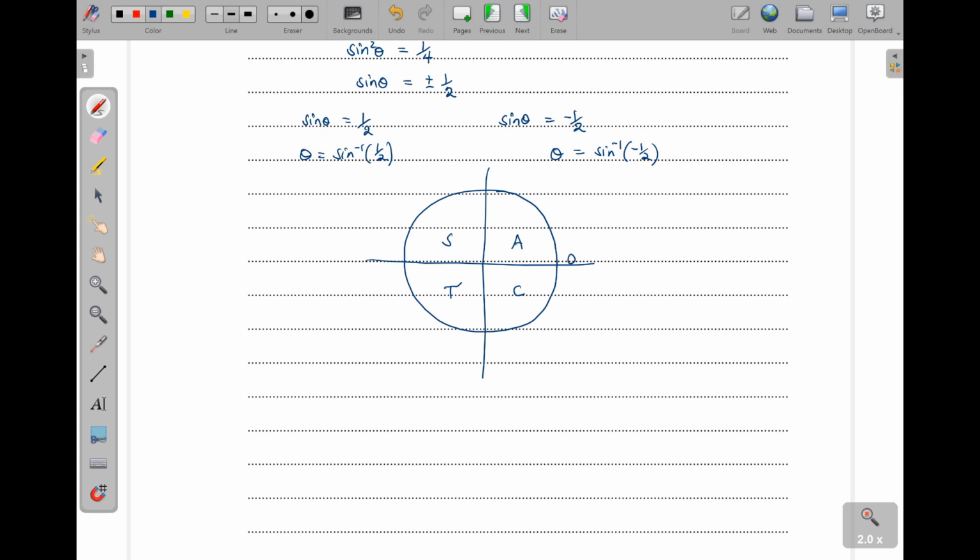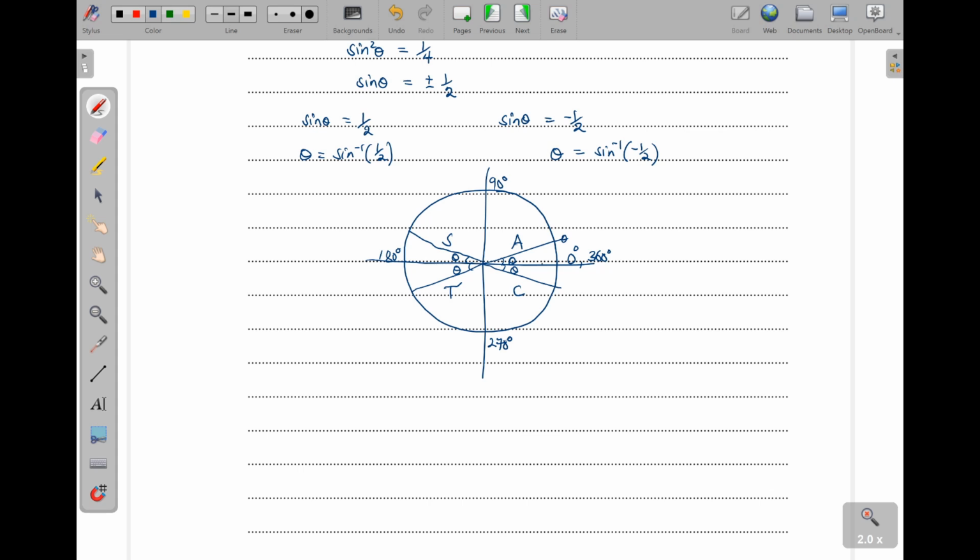We are supposed to move from 0 to 360. So this is 0, this is 90 here, this is 180, this is 270, and then this is 360. So if this is theta here, that angle I can project it down here. Opposite angles are equal, same angle here, then also same angle up here.